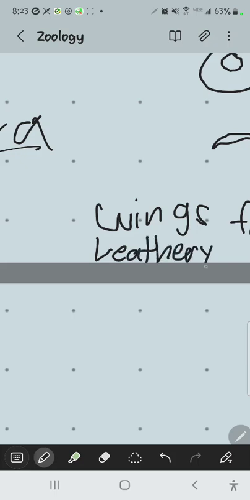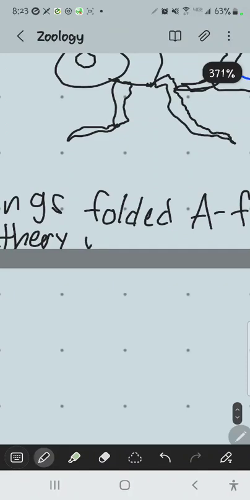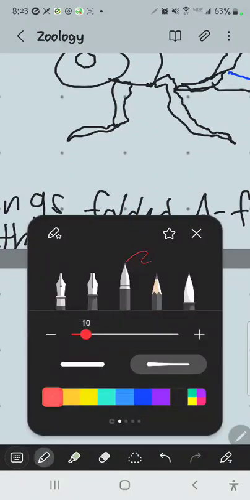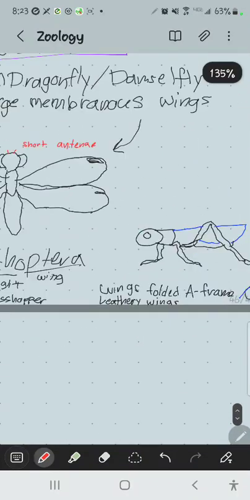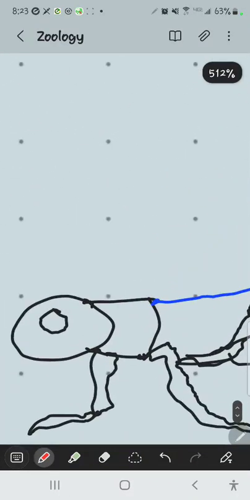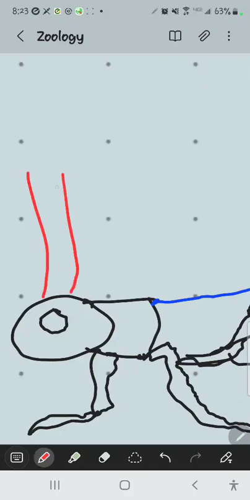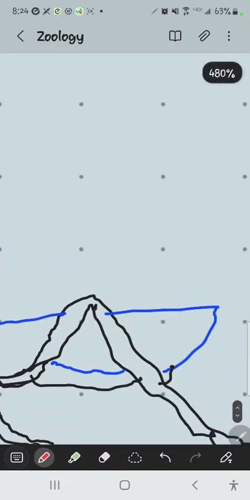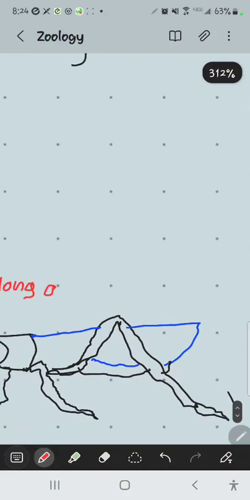The antennae are variable, but usually the antennae are long. So oftentimes the antennae can be longer than the head. Not always, but usually they have long antennae, meaning they're longer than the head is.